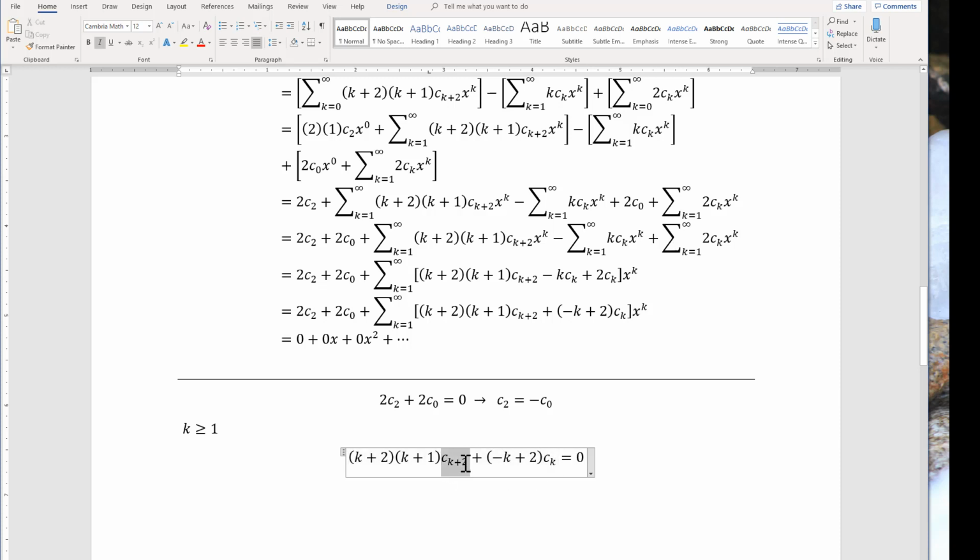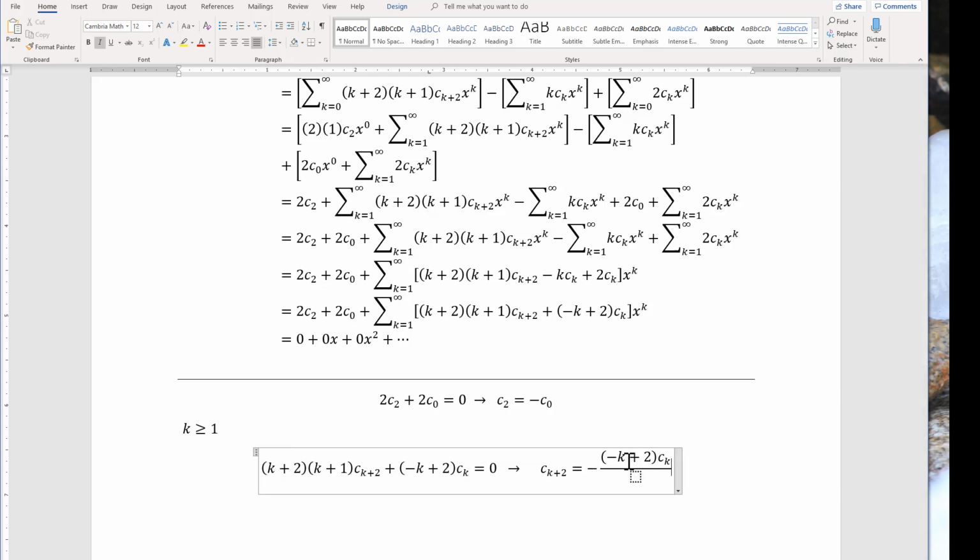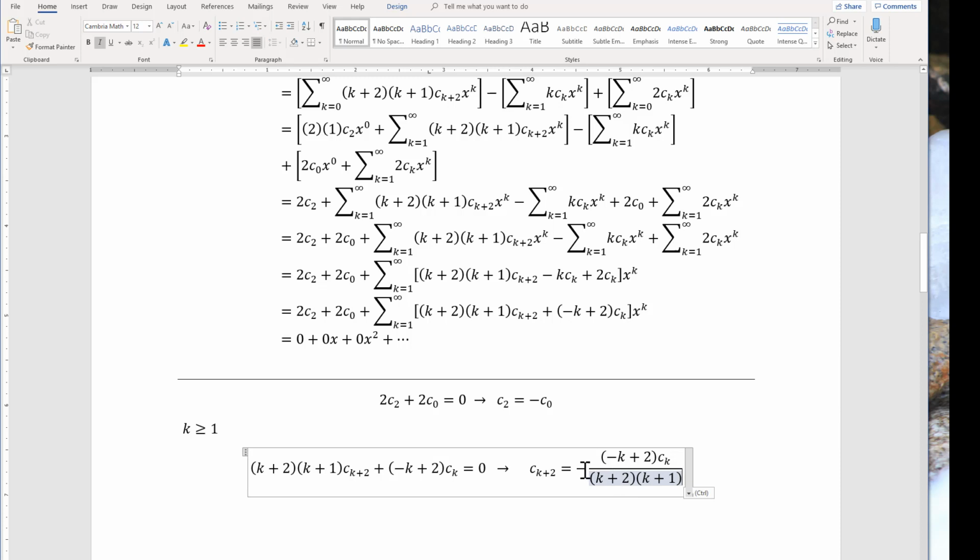Now remember, I want to solve for the larger one, so I want c sub k plus 2. So what is that equal to? I bring this over to the other side, so that's going to give me a negative of this thing divided by this expression. So a negative of this thing, let's just fix this up a little bit. A negative multiplied through will make this into a positive, and that would make this into a negative.